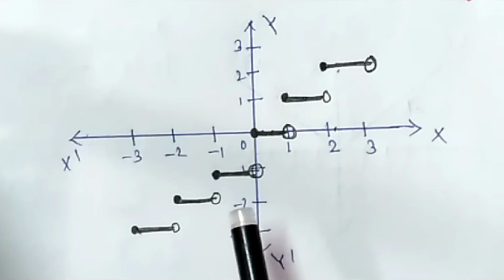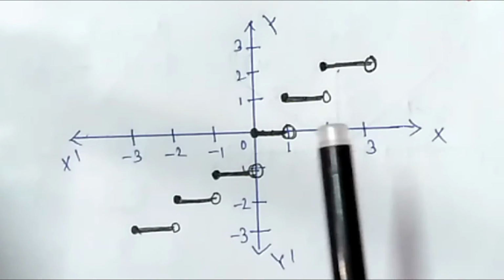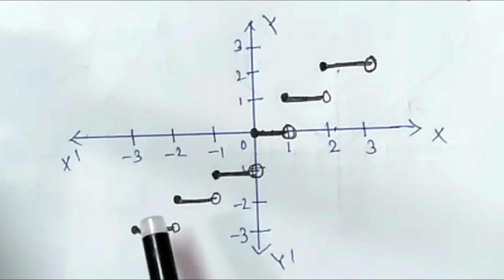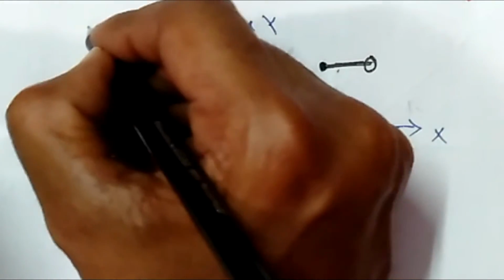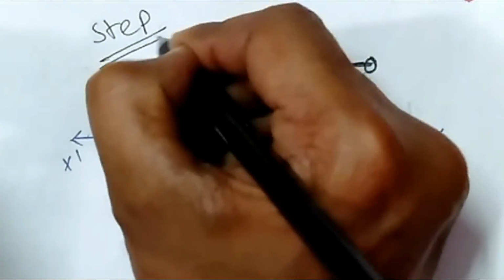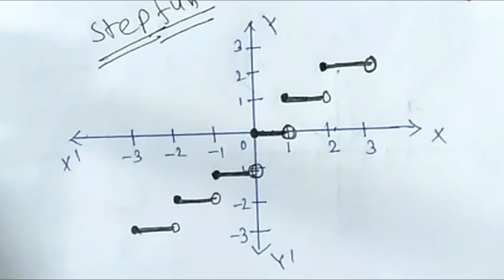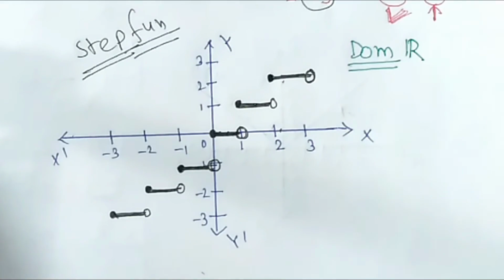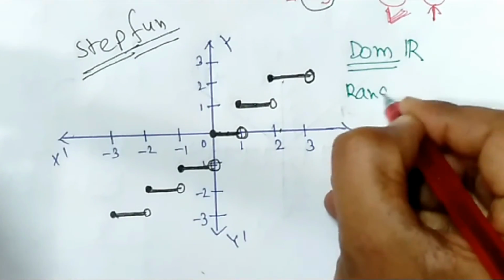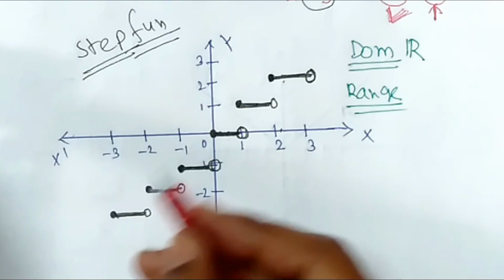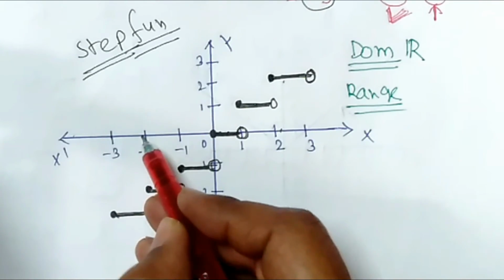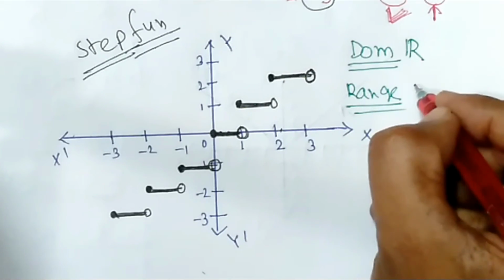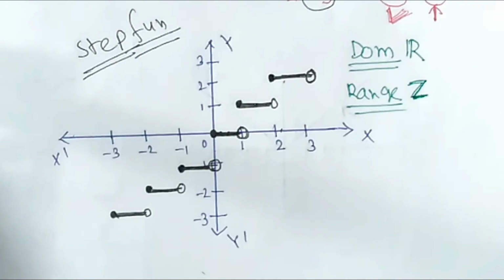It is in the form of stairs or steps, so this function is also known as the step function. So box function, greatest integer function and step function are all the same. The domain of this function will be all the real numbers, right? And the range of this function gives us only the integers. So the range of this function is the integers.